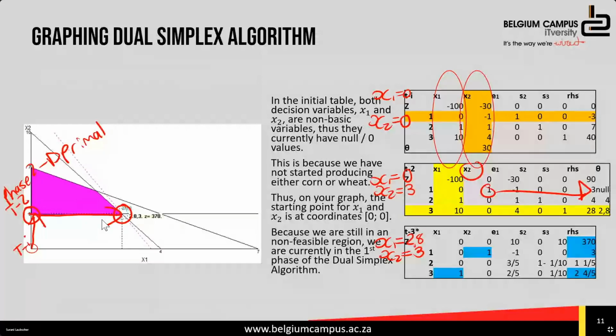Why did we use x2 for the first table? Here, remember, you start with your negative, then you check inside for any negatives, then you do your ratio test here at the bottom. There was only one negative, but that's why this was chosen. See dual as you're doing a transpose version.